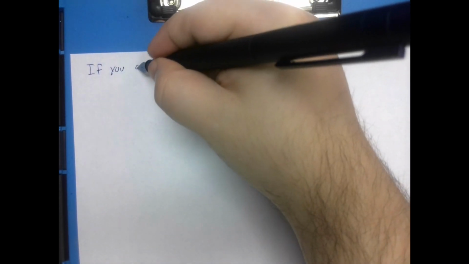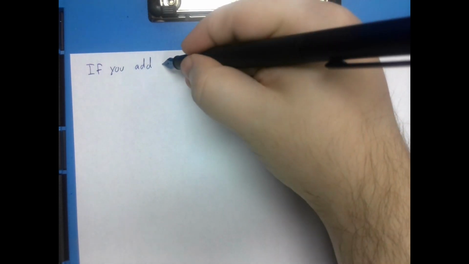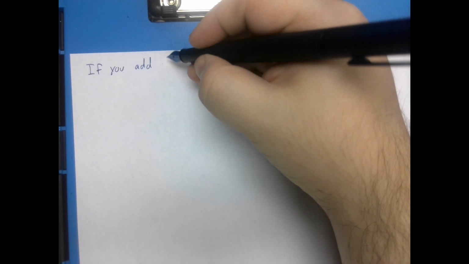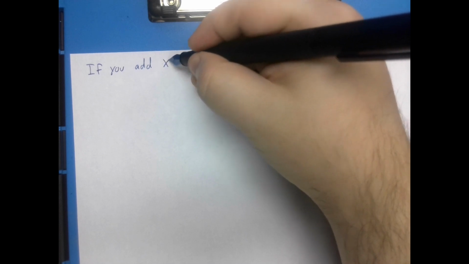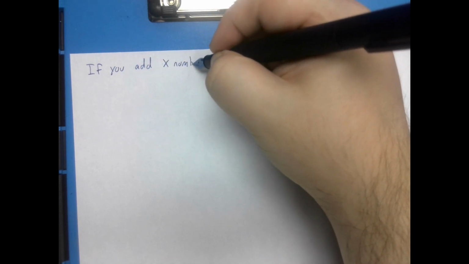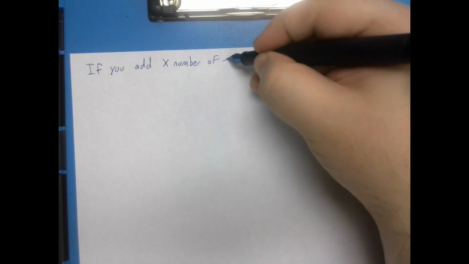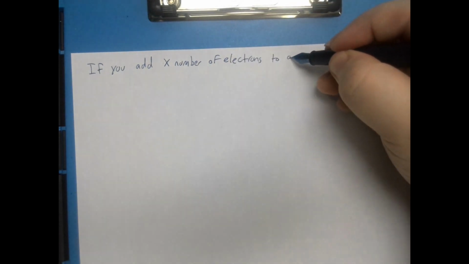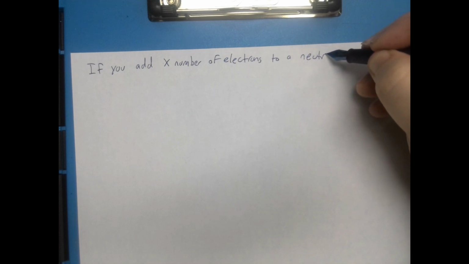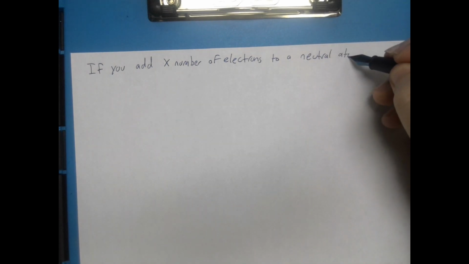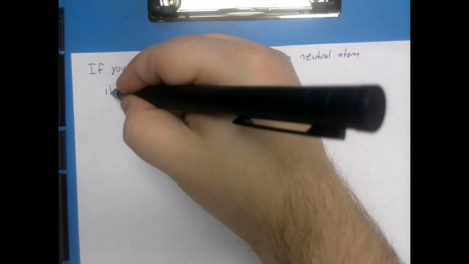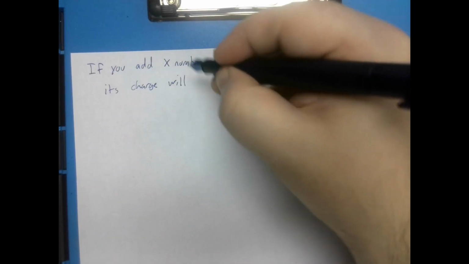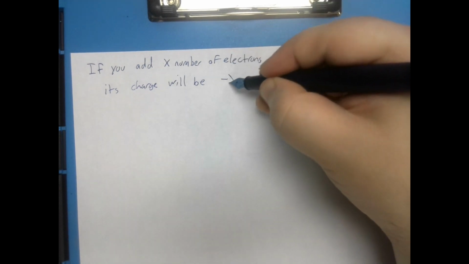If you add X number of electrons to a neutral atom, its charge will be -X.